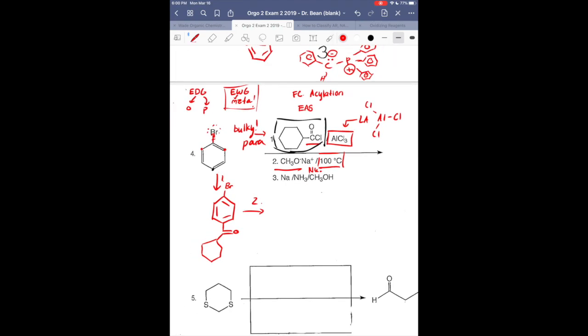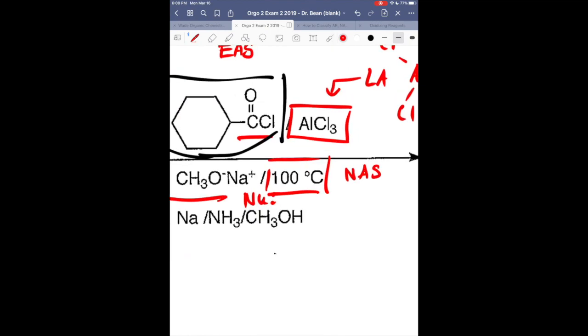Right, so for this exam, we haven't introduced any nucleophilic aromatic substitution yet, but that is also a reaction that is important for you guys to know. So we've talked about EAS, but we haven't really discussed NAS. So what do you guys think that the N would stand for here?